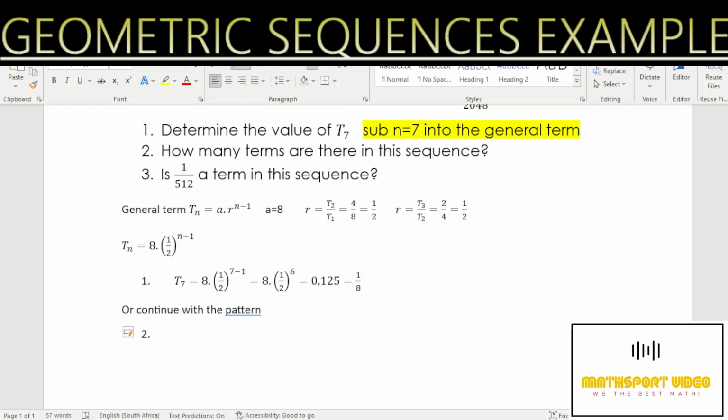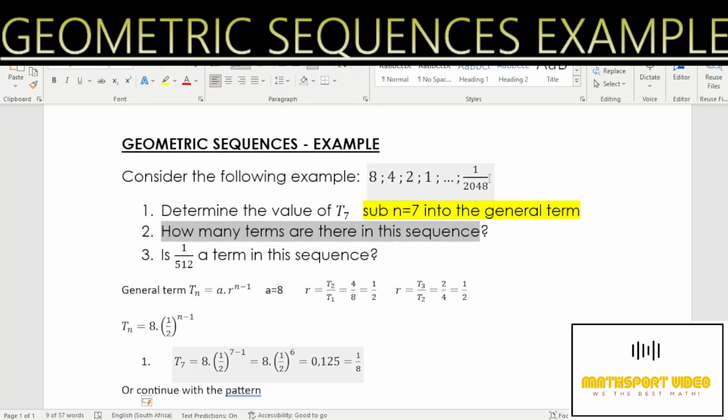Question number 2 is asking how many terms are there in the sequence. If you look at the sequence, we do have the last term.